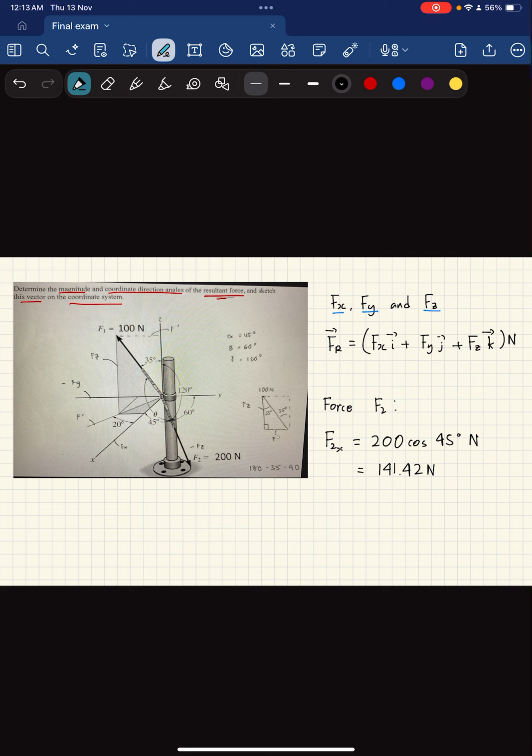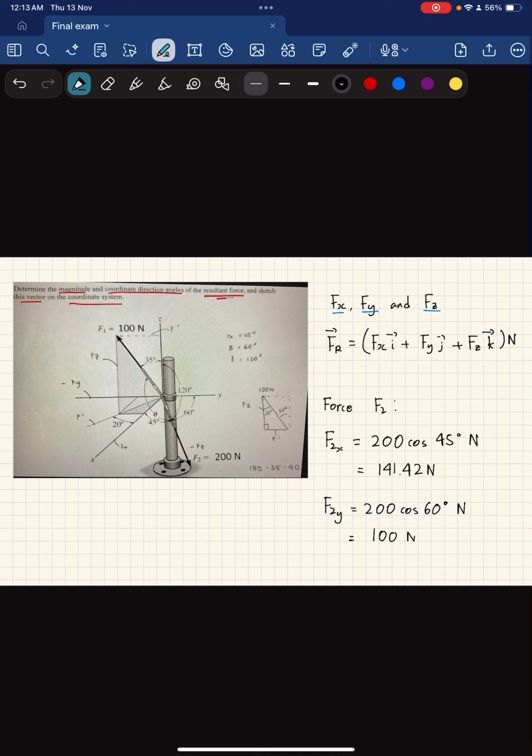Okay, it's right. And then of course now we have our F2 in the y component, so it's just simply 200 cosine 60 degrees Newton. Which we should get, 200 cosine 60 is 100, so we got 100 Newton.